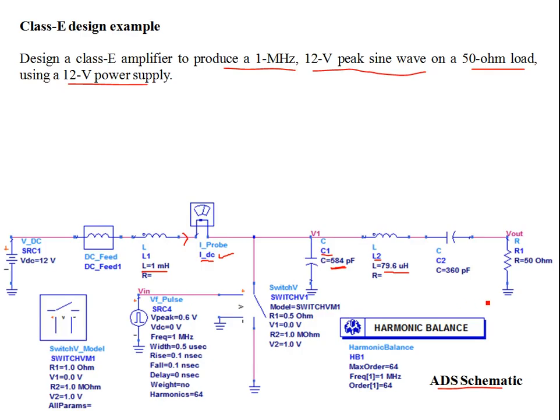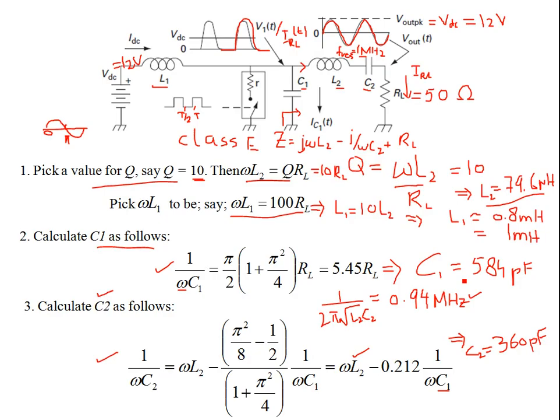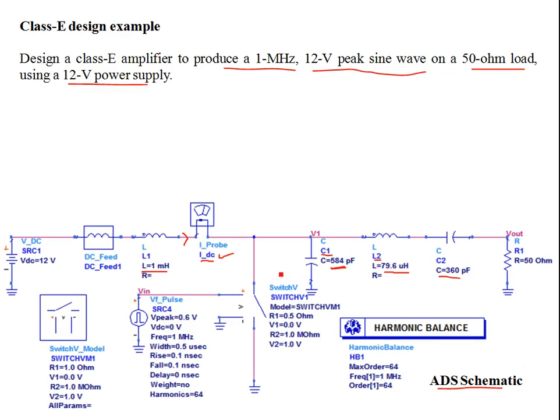So let's see, at the circuit, we have this 360 picofarads as C2 over here. So we have all the components. Now, if you look at this schematic, I have modeled this JFET by a voltage controlled switch. This is a voltage controlled switch, and here there is a model.